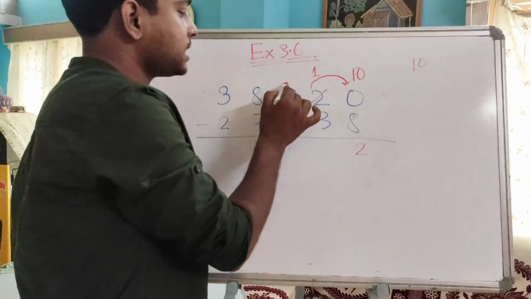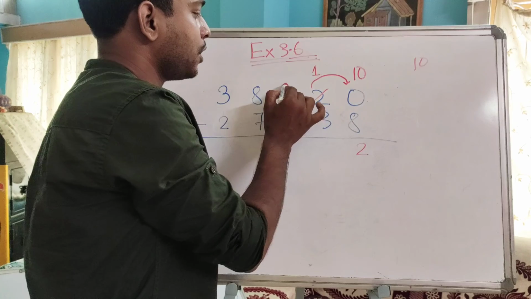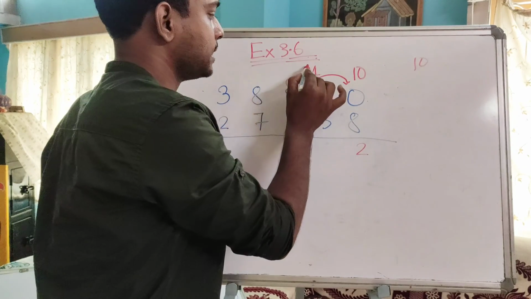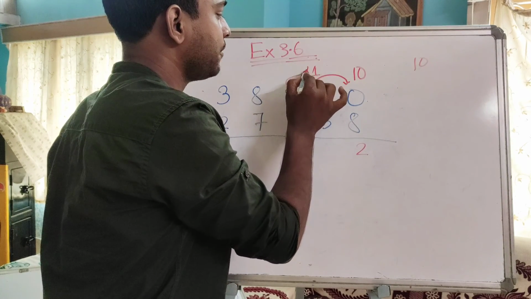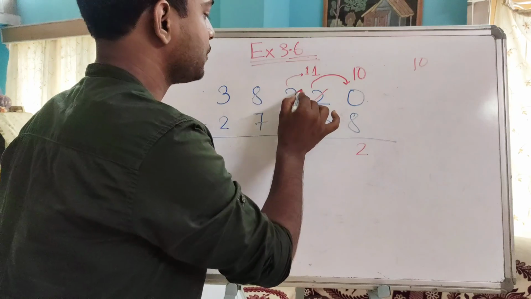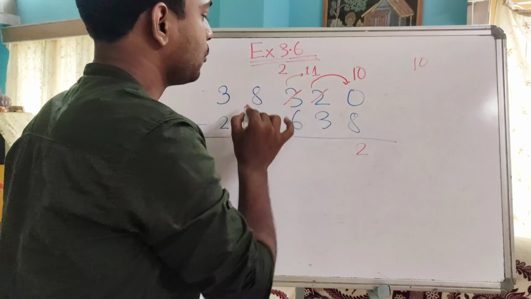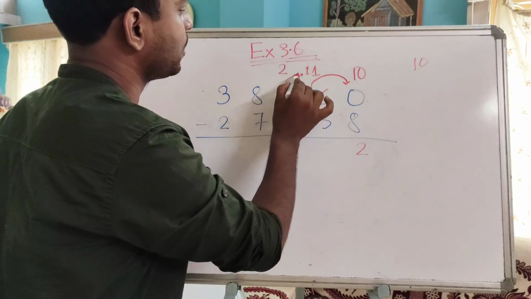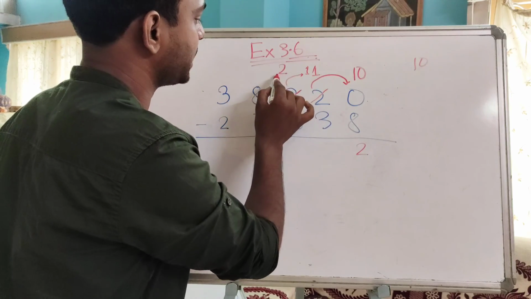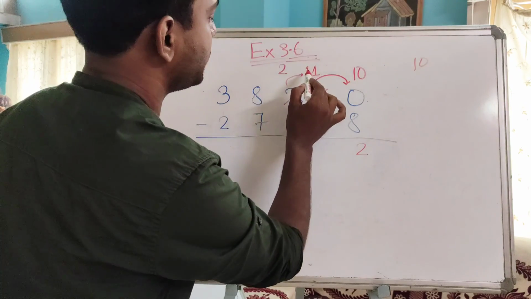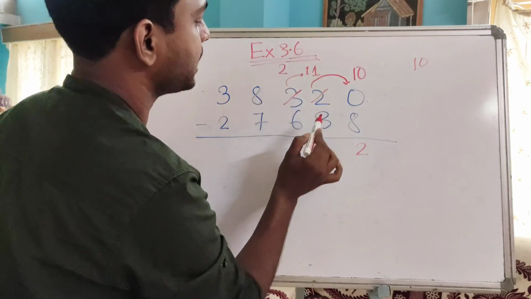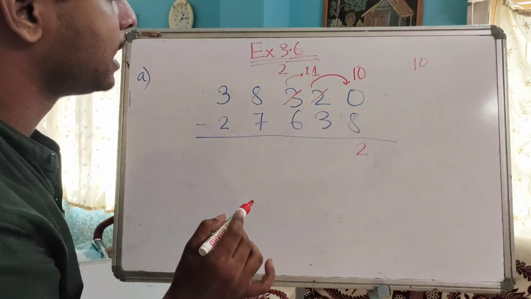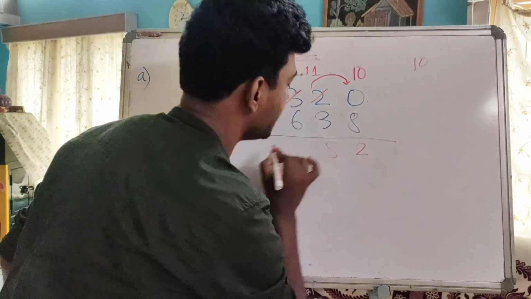So now this place will give 1 to this place and this will become 11 and this will now become 2. Why? Because this has donated 1 to tens place, so it will become 2. Now this place is 11. Now 11 minus 3 will give us 8.